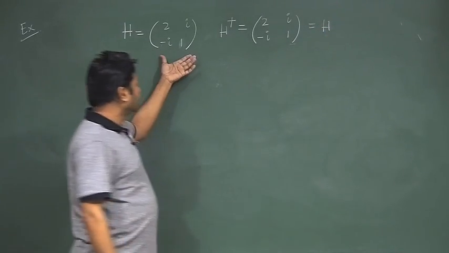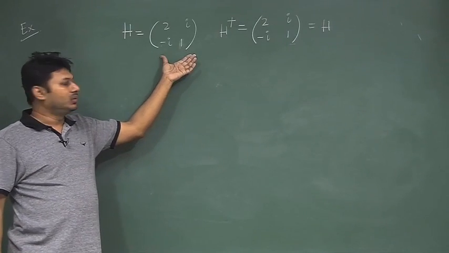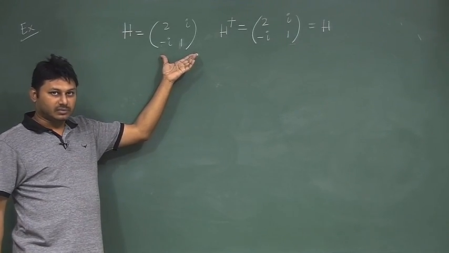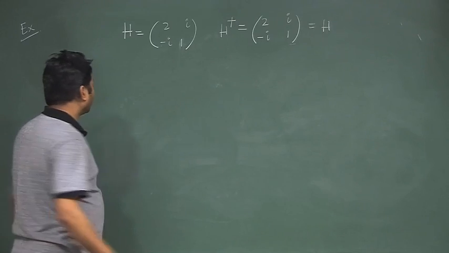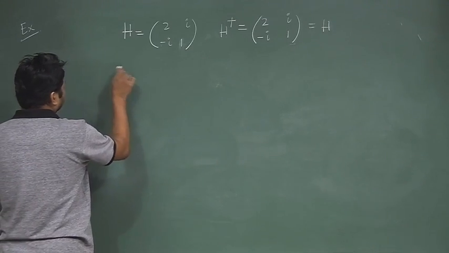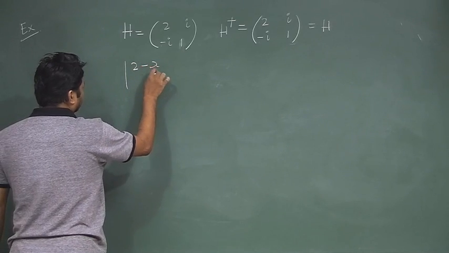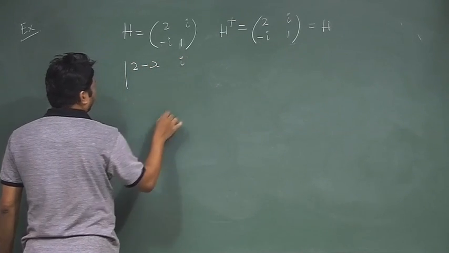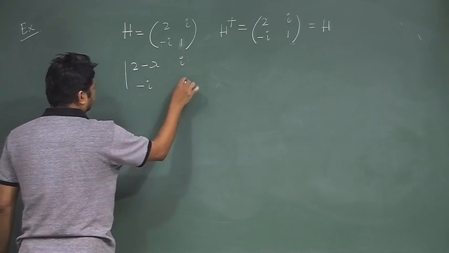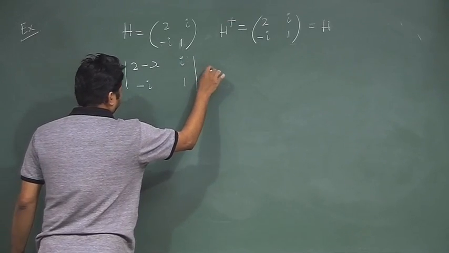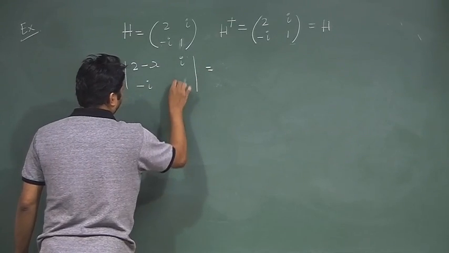Once I have that, I can find out whether the eigenvalues are really real or not. So, let us find the eigenvalues. The characteristic equation or secular equation is this. Sorry, 1 minus lambda.